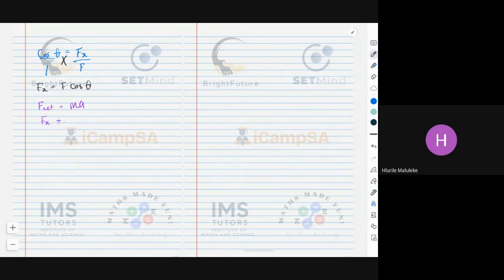Then plus minus Fk, which is my friction, plus minus T, which is my tension, equals Ma. So from here, my things have become easy. So I can substitute and say F cos theta, right? Plus minus Fk plus minus T equals Ma. We have values for some, but we don't have a value for this theta here.